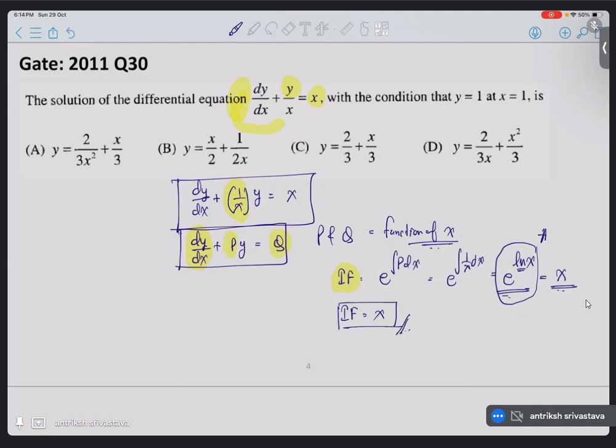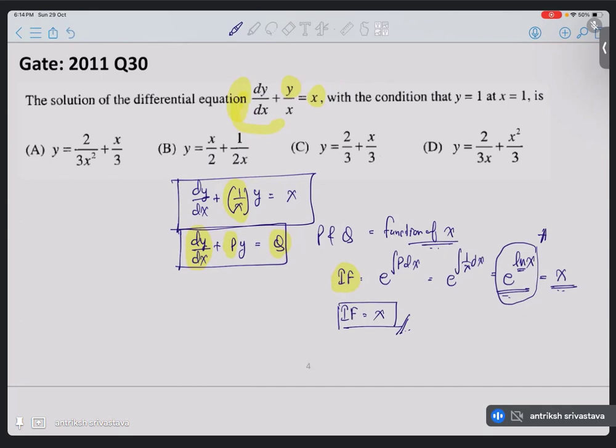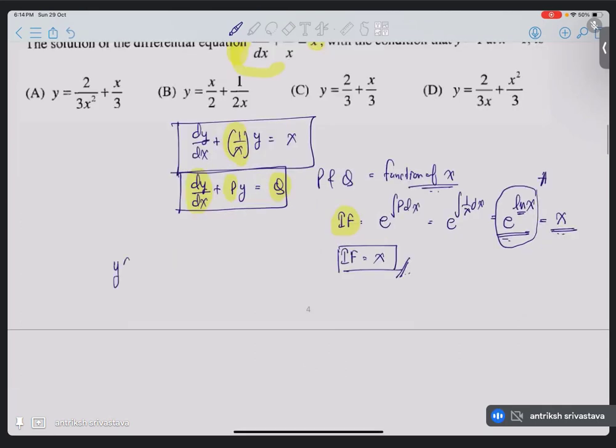And how do we write the solution for this equation? We write the solution as y into integrating factor is equal to the integration of Q into integrating factor dx, plus c, the constant.